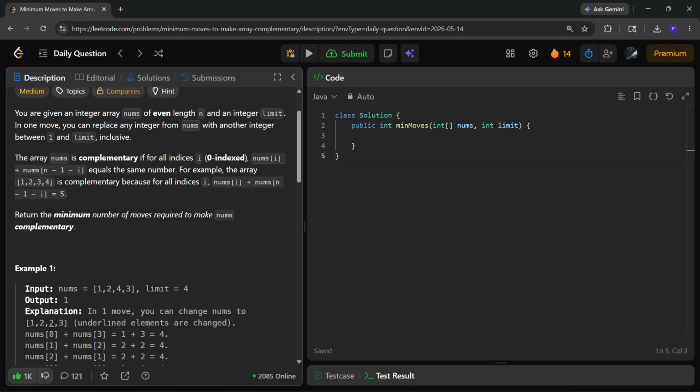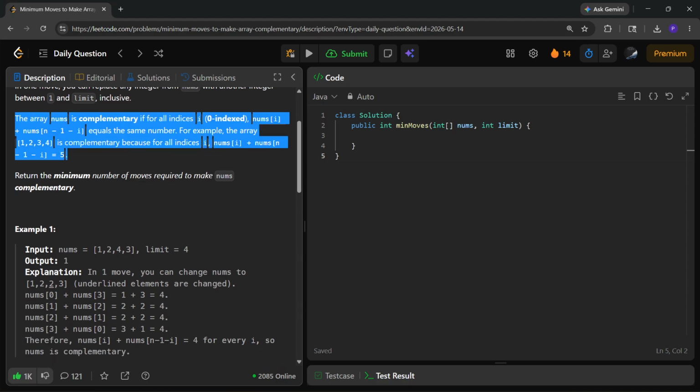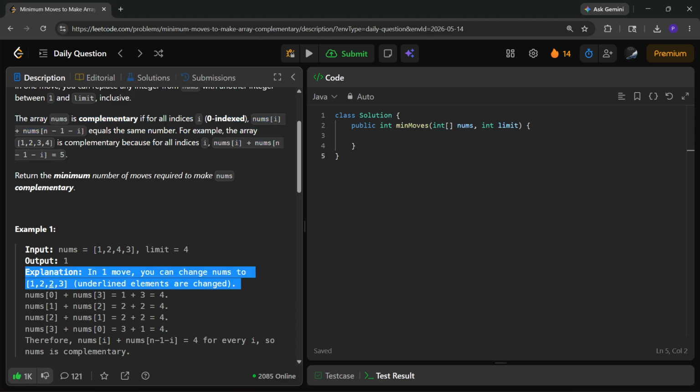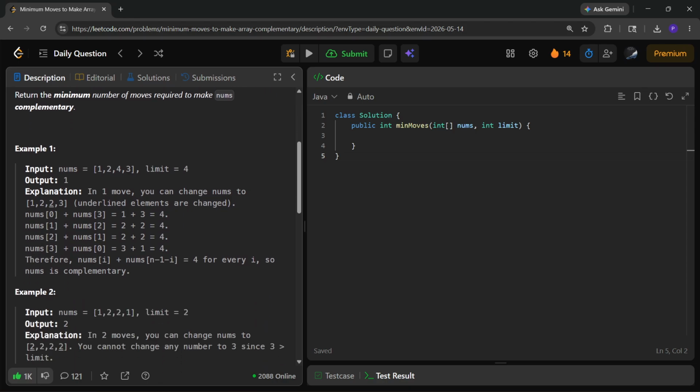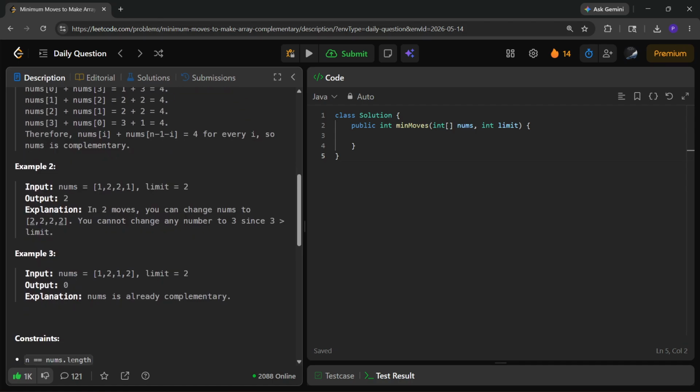The array is complementary if all the pair sums equal the same number. So for this first number, I could have converted 1 to 3 as well. This is 4 and then that is 3.